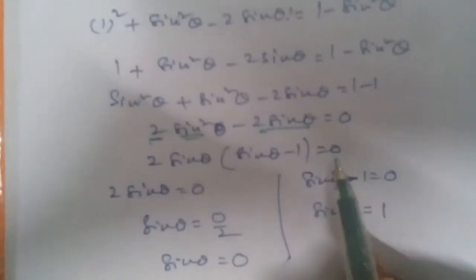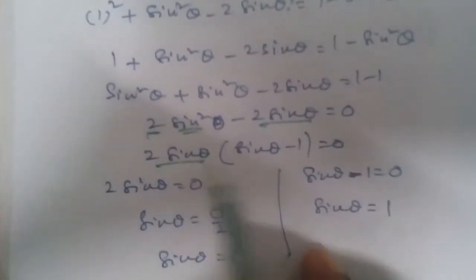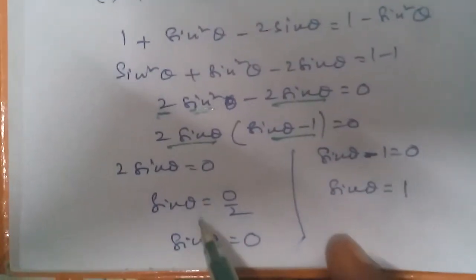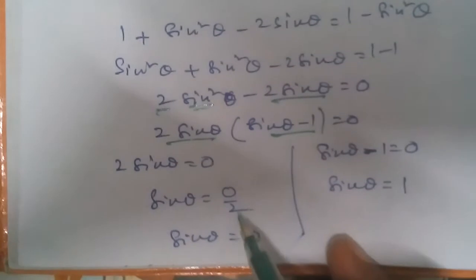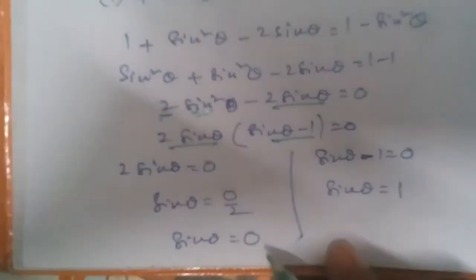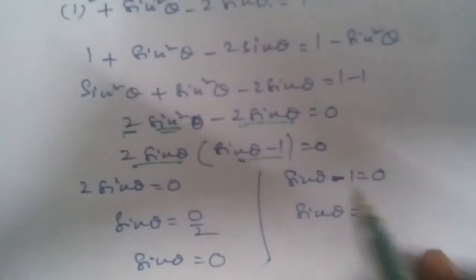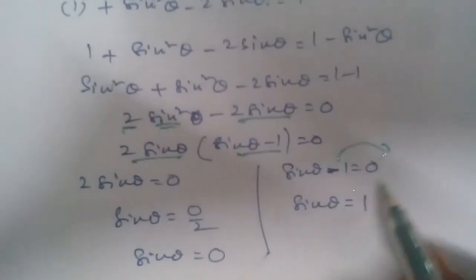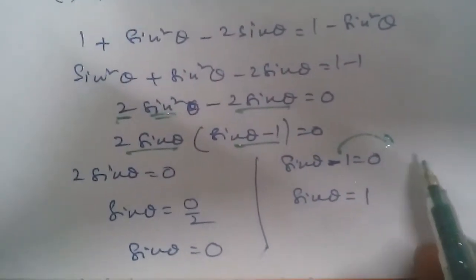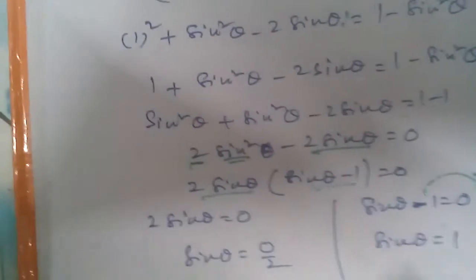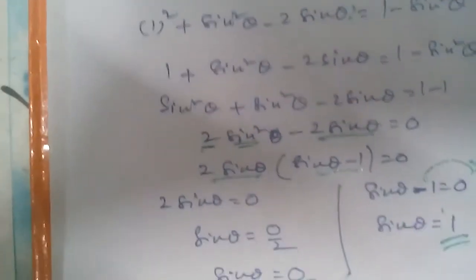So I am equating the separate values to 0. 2 sin theta is equal to 0, sin theta is equal to 0 by 2, which is 0. And the second one, sin theta minus 1 is equal to 0, minus 1 transpose to right hand side, 0 plus 1 is equal to 1. So sin theta is 0 or 1.